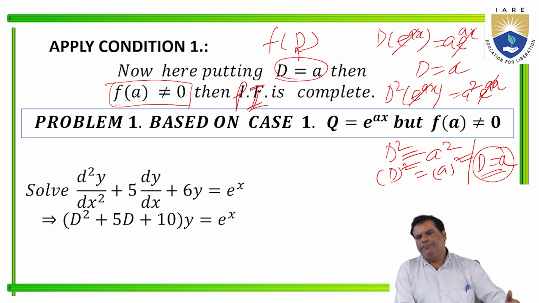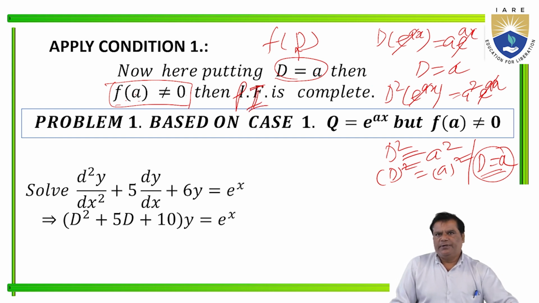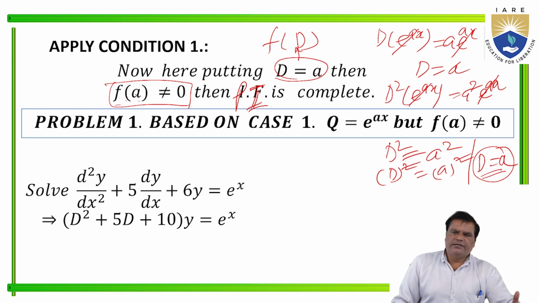I want to solve one problem based on this case, where Q is e to the power ax. So here is problem 1 based on case 1. Q is e to the power ax, but f(a) is not 0, this is the condition.